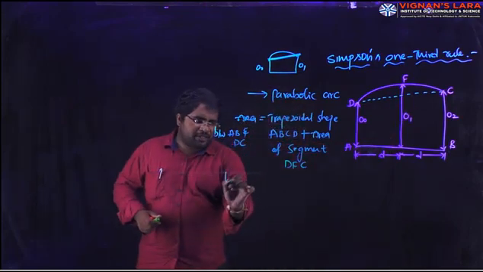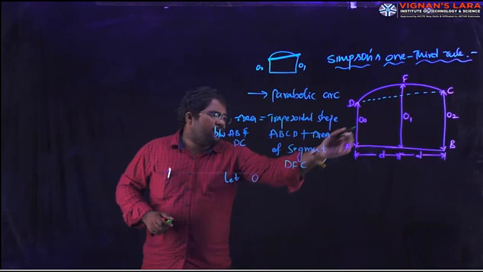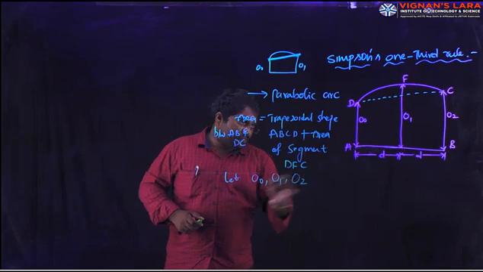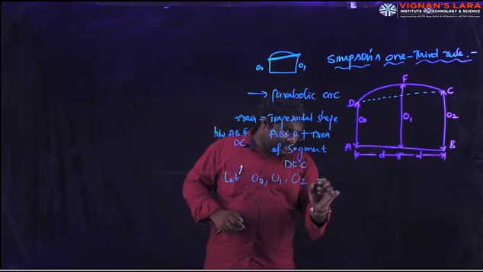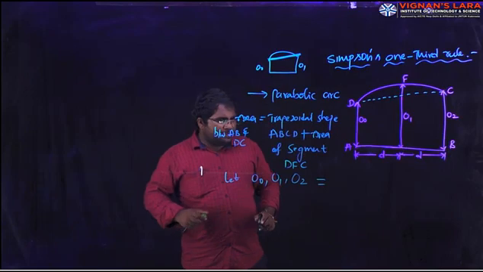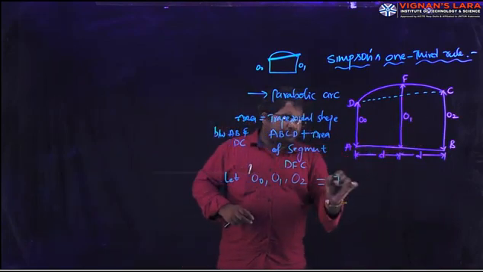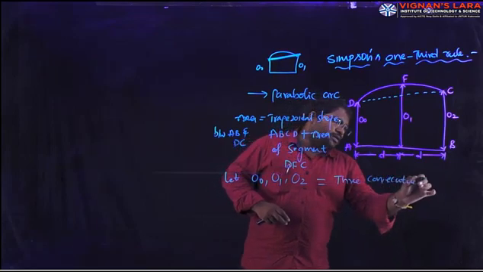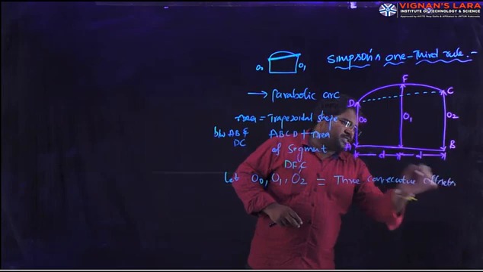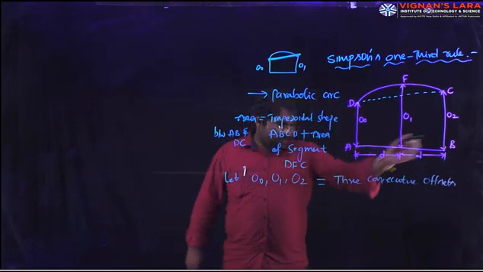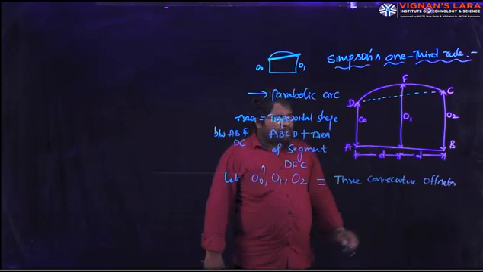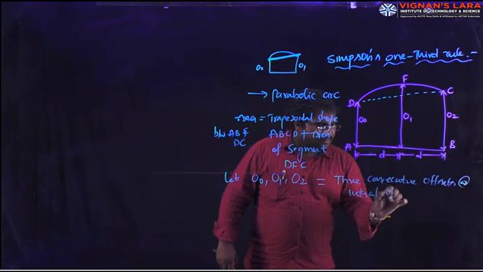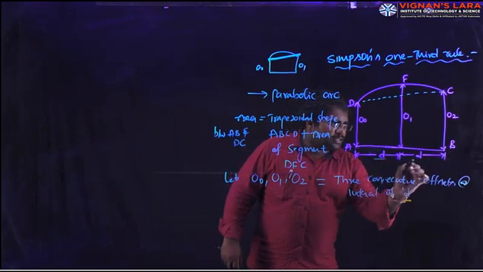Now let us take the ordinates as O0, O1, O2. These are any three consecutive offsets from the baseline AB, at an interval of small d. Here you can see that we took them at an equal distance.